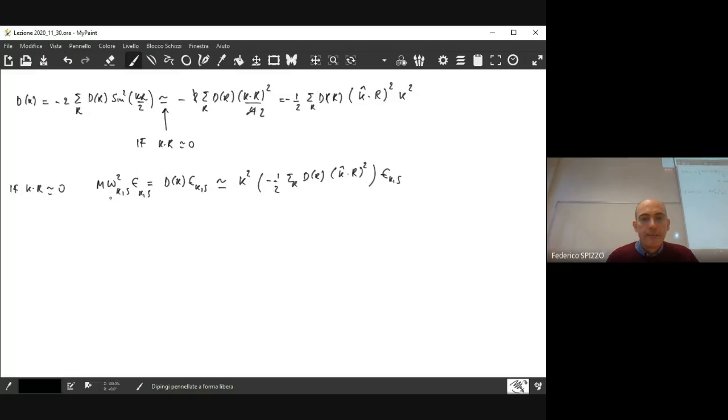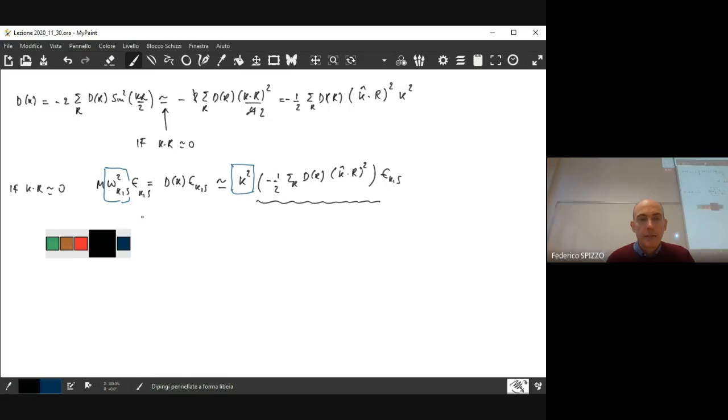So you have that, irrespective of this coefficient, sorry, that is not the coefficient, that is proportional to the dynamical matrix. The important point is that this term here does not depend on the k modulus. The only dependence on k modulus is here, out of the parentheses. So we have here a k squared and here omega squared.